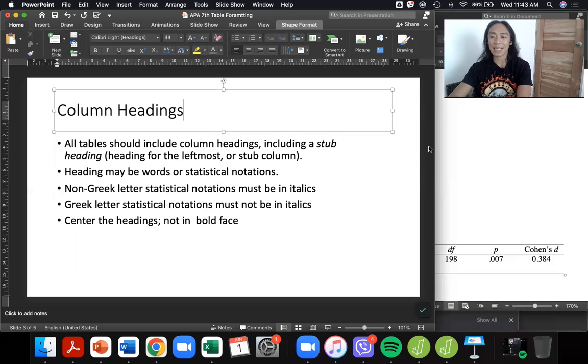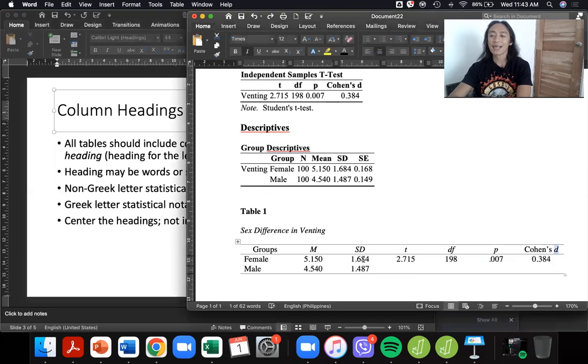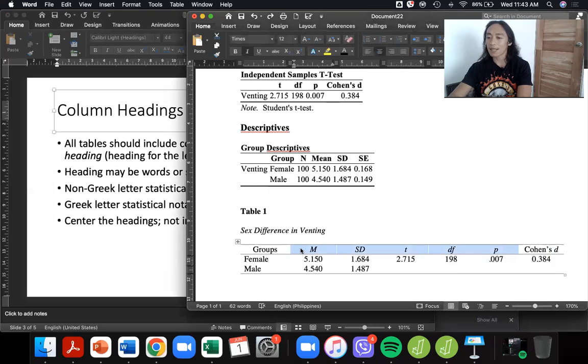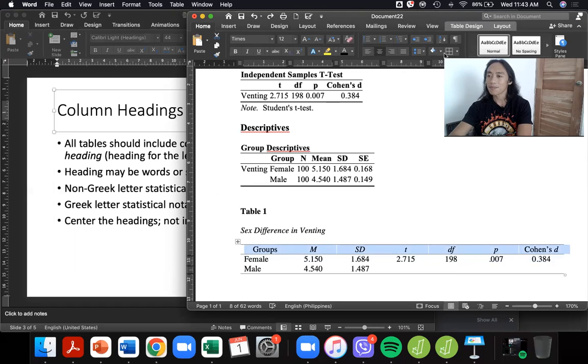Sometimes it can be in italics, especially when we're dealing with statistical notations that are non-Greek letters. So they are centered. Let's check if they are centered. So see, they are centered. All right.